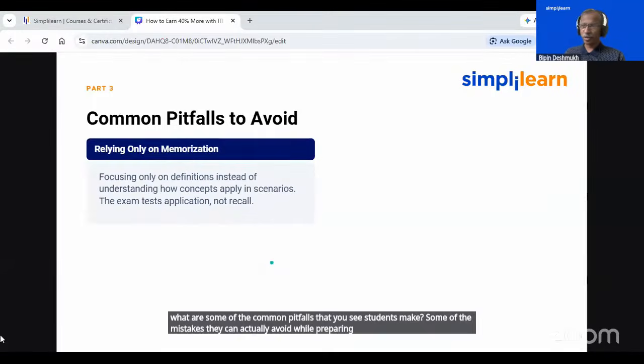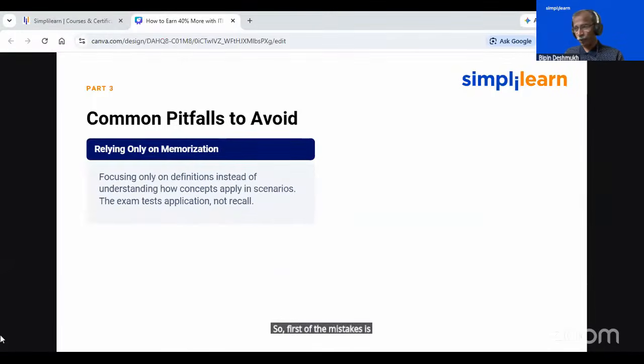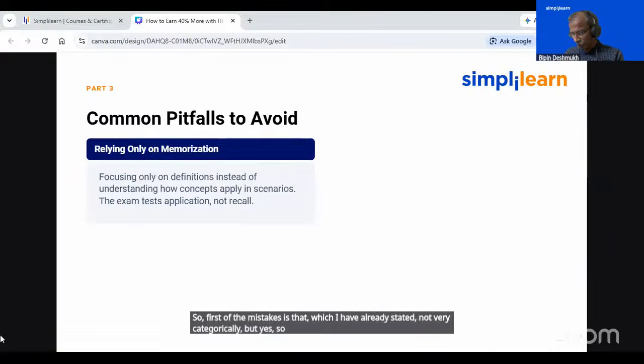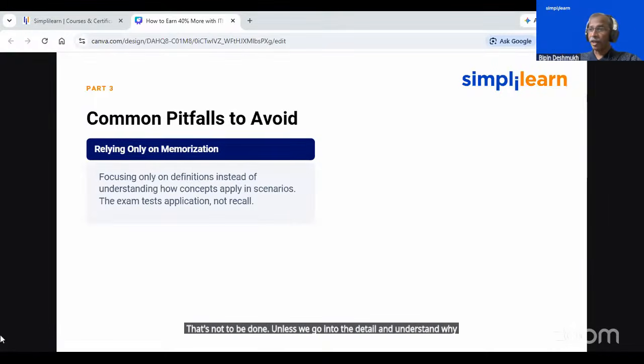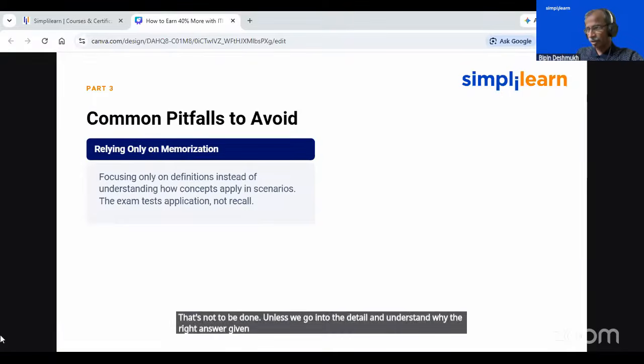So the first of the mistakes is one which I have already stated, though not very categorically. When people are solving a question and they see the right answer is different from theirs, they correct that answer. That's not to be done unless we go into the detail and understand why the right answer given by the rationale is right.